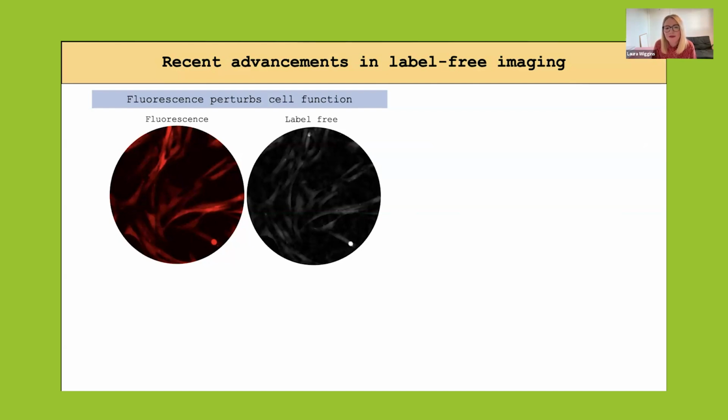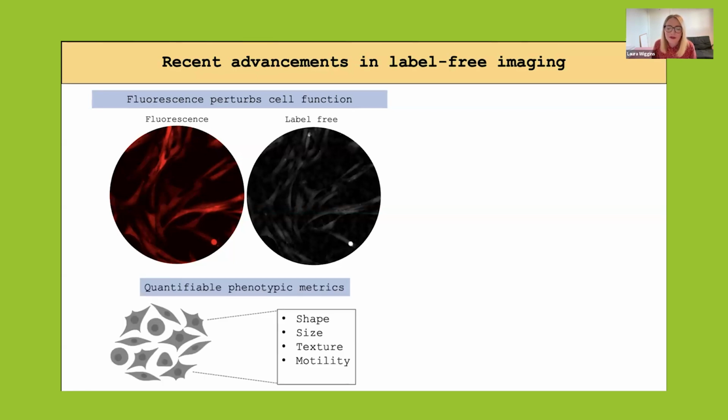For that reason, for investigating such subtle differences and using time-lapse imaging, it would be better to use label-free imaging approaches so that we know that our cells are behaving as accurately and reliably as possible, in similar conditions to how they would be in the body or in culture.